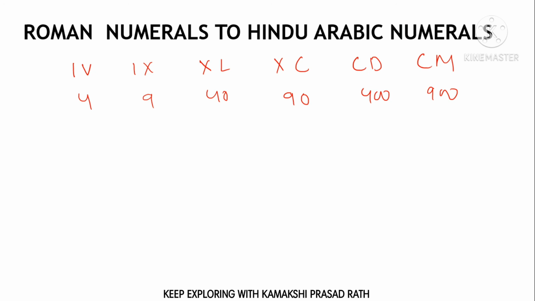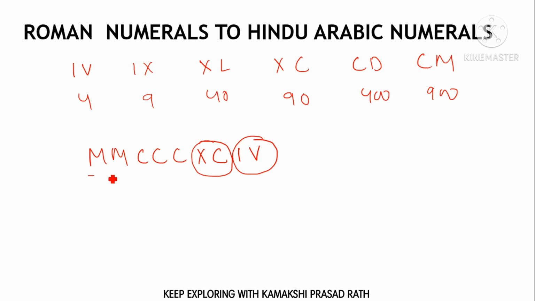Let's do one more. Suppose we have MMCCCXCIV. We will search for the small-big groups now. First we have XC, which is one group, and IV is another group. We will separate them.